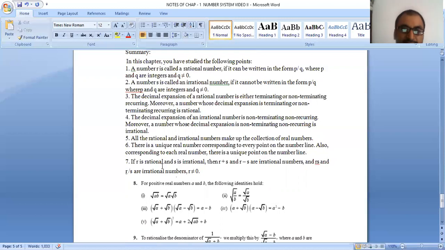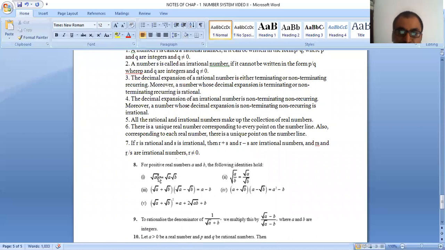If r is rational and s is irrational, then r plus s, r minus s are irrationals, and r into s and r upon s are also irrationals, where r is not equal to 0. I have told you just now in this video that the addition, subtraction, multiplication, and division of a rational number and an irrational number is always an irrational number.